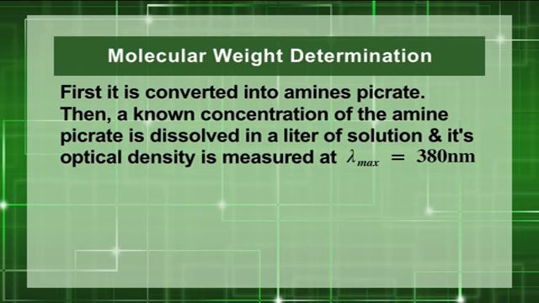First, it is converted into the amine picrate, then a known concentration of the amine picrate is dissolved in a liter of solution and its optical density is measured at lambda max equal to 380 nanometer.